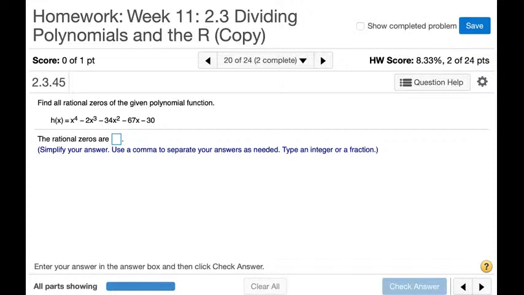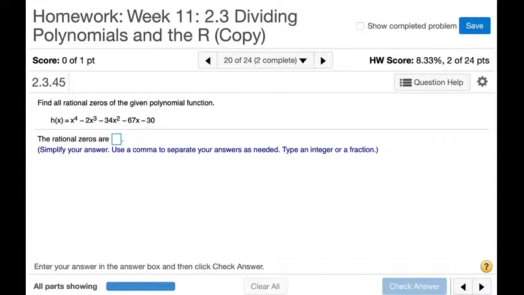Number of sign changes is 1, 2. So what this means is that we have 2 or 0 possible negative zeros.